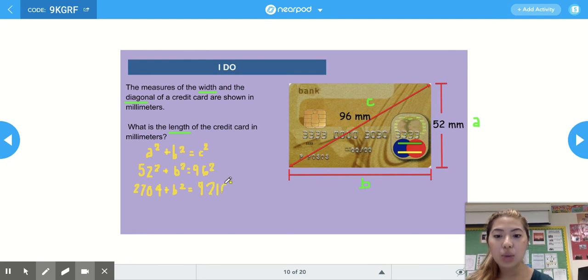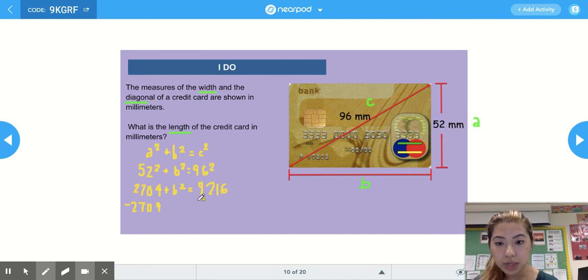And now I want to move over this 2,704. To do that, I'm going to have to do the opposite operation. The opposite of adding 2,704, or positive 2,704, is negative 2,704, or subtracting 2,704.